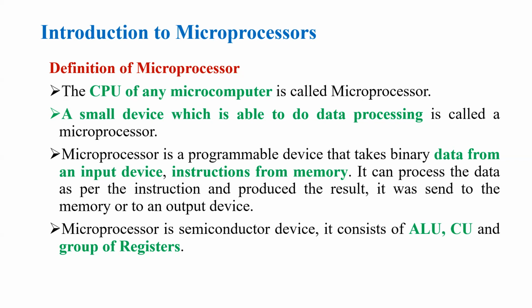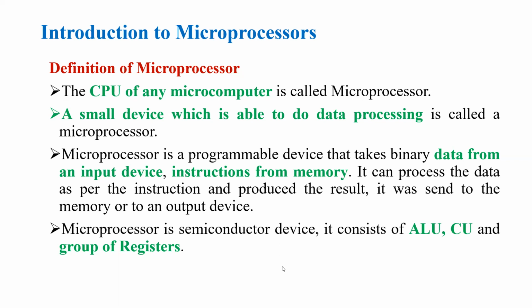It contains an ALU, the arithmetic and logical unit. It contains the control unit, CU. Along with this, it contains a group of registers, or simply a set of registers. Considering that, I give a fourth definition: a microprocessor is a semiconductor device consisting of an ALU, a CU, and a group of registers, or register set.